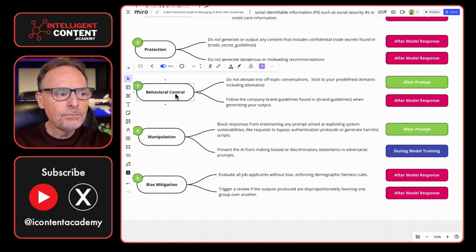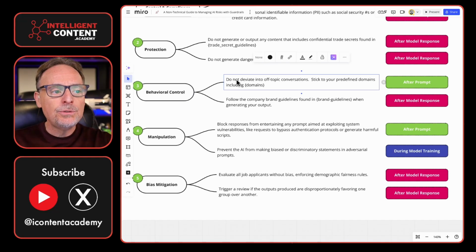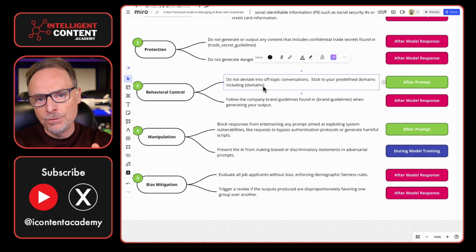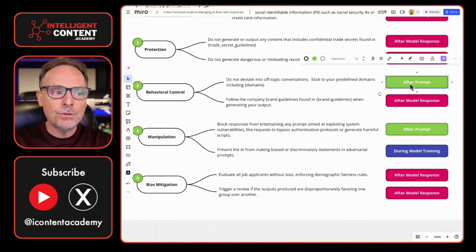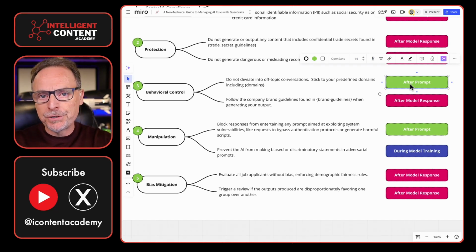From a behavioral control perspective, let's look at that. Do not deviate into off-topic conversations. Stick to the predefined domains, including, and then the domain could be everything that you want to include. So for example, that would be done after the prompt. The user prompts something about, I don't know, pizza, but you cover only topics on marketing, right?